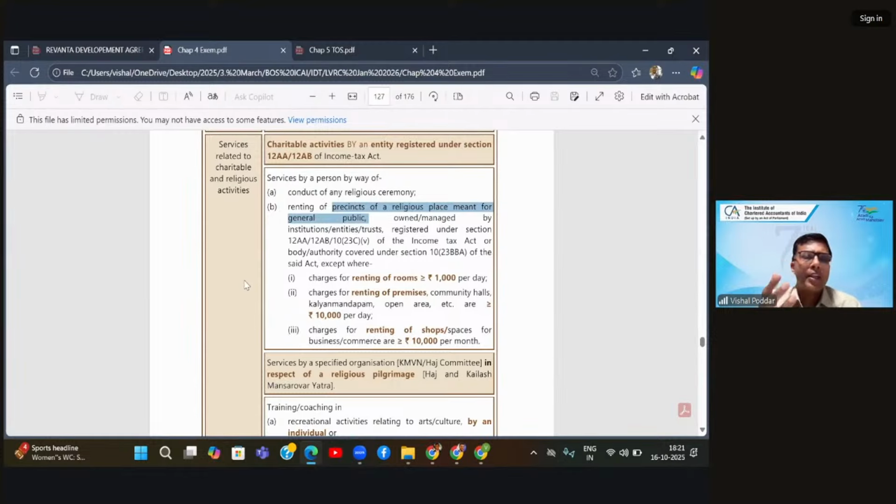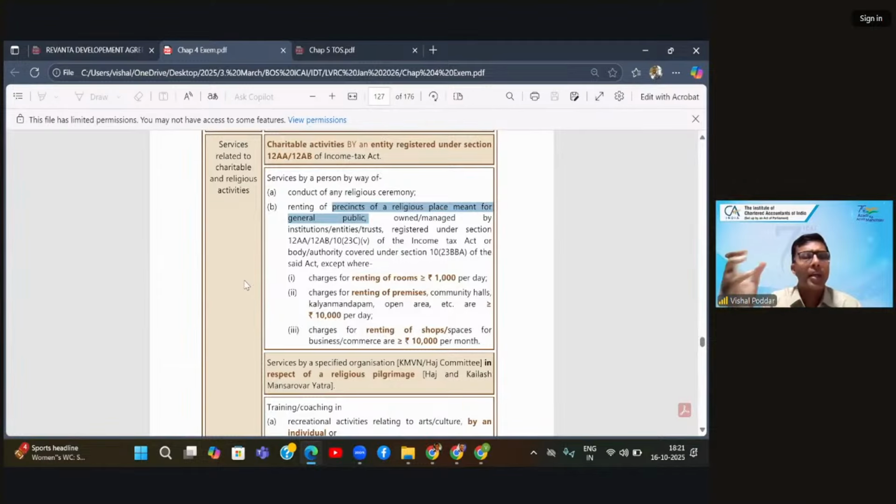We will find that many of these masjids, churches, mandirs and gurudwaras have huge premises which are part of that particular religious place. Not only the temple or the mosque or the church or the gurudwara, but there is a lot of space around it.